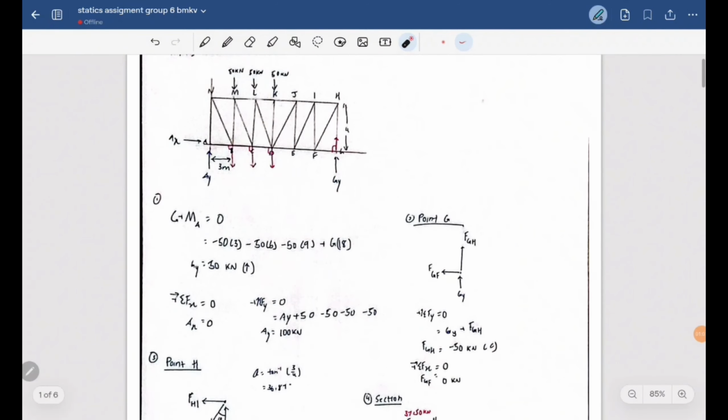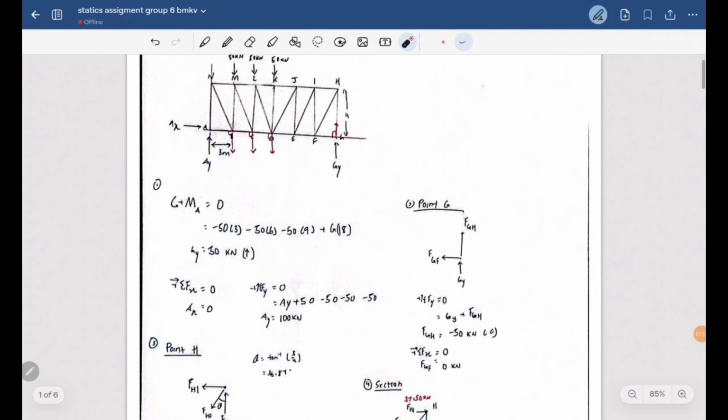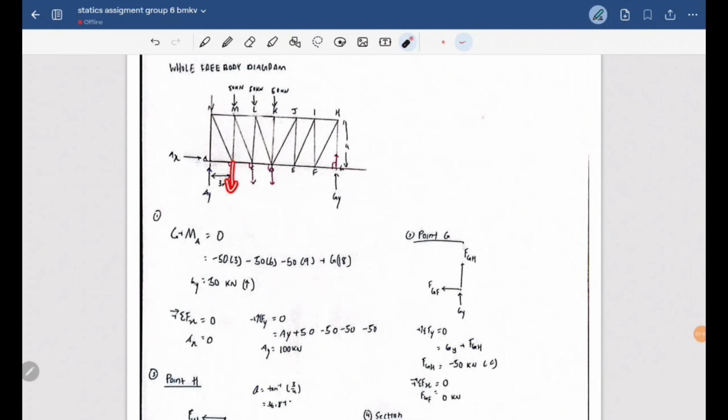So first thing is we can find the moment on point A. We draw a vertical and horizontal line so that we can see the force is perpendicular to the distance, and we assume that counterclockwise is positive. 50 kilonewton is clockwise, so it is negative.